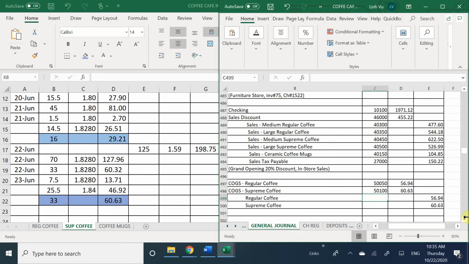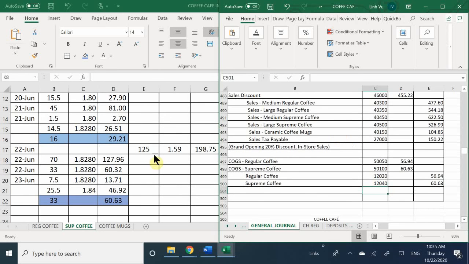My inventory, 120. 120.40. So that is there. And I'm going to go ahead and make a note: in-store use. And perfect. I reached the bottom of my page 12.